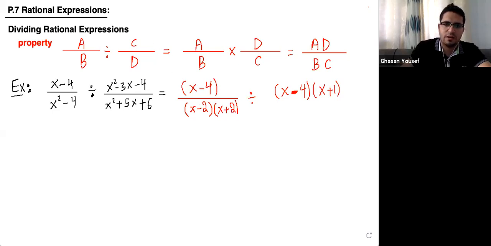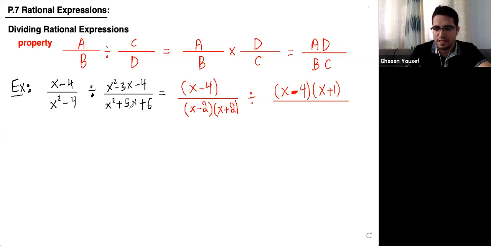Now, dividing by the denominator. What is the factor for x squared plus 5x plus 6? We're looking for two numbers whose multiplication gives 6 and whose sum gives 5. Yes, this is correct, Eric.